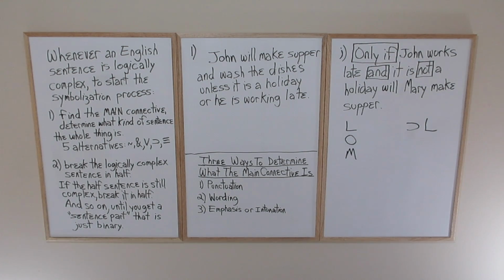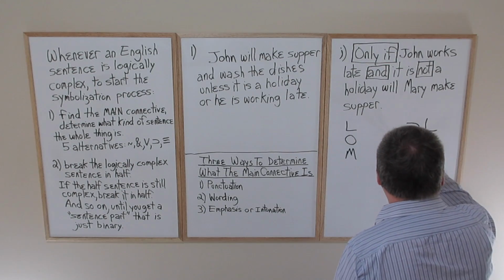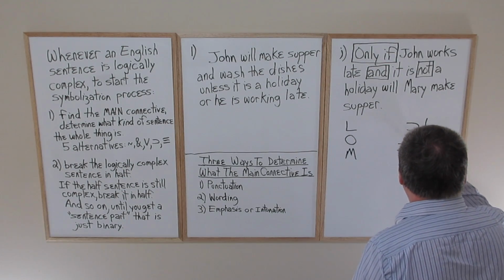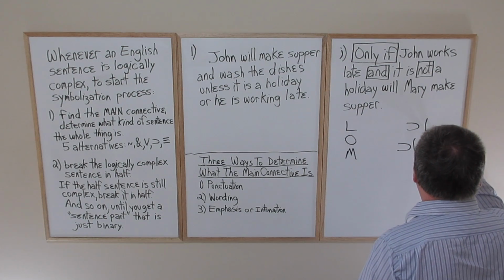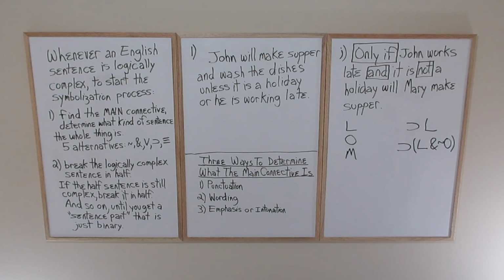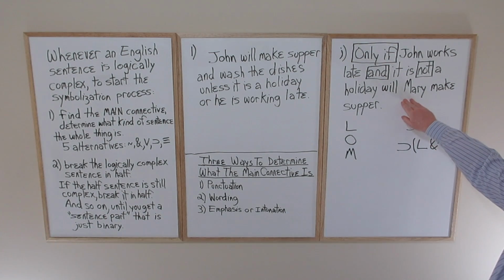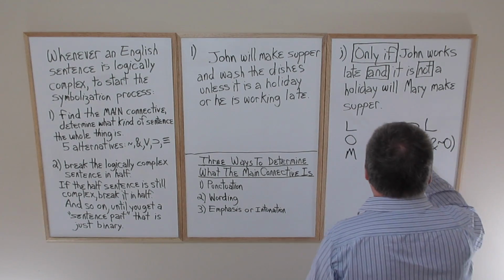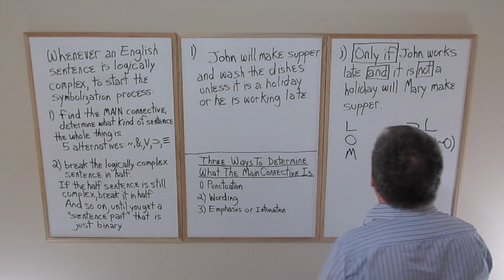What's the other possibility? The sentence immediately after the only if is the sentence, John works late and it is not a holiday. And the other part, the antecedent of the sentence, is indicated by the odd sounding in isolation string of words, will Mary make supper? So that's indicated by the simple sentence, M.